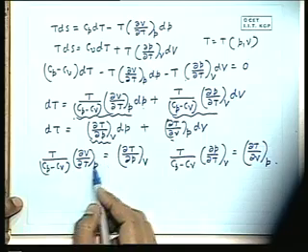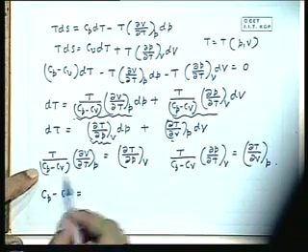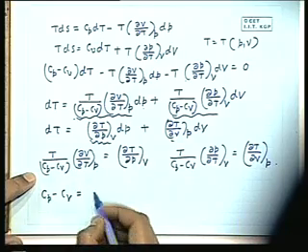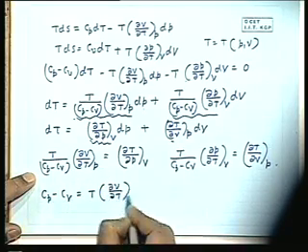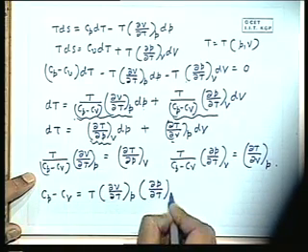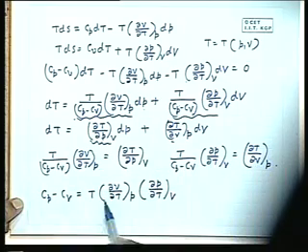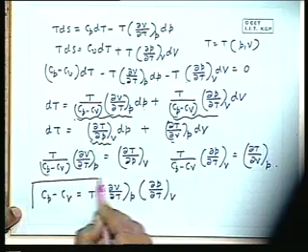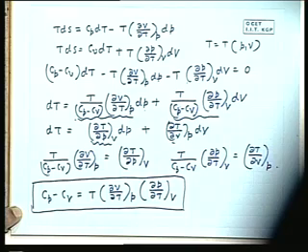Well, now from here we get Cp minus Cv is T (∂V/∂T)_P into (∂P/∂T)_V, and the same thing we get from here. Cp minus Cv is T (∂V/∂T)_P and (∂P/∂T)_V. So from both the equations we arrive at the same expression for Cp minus Cv.